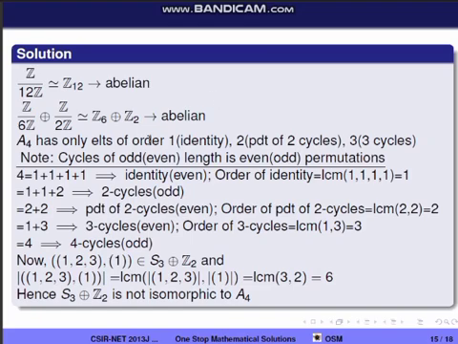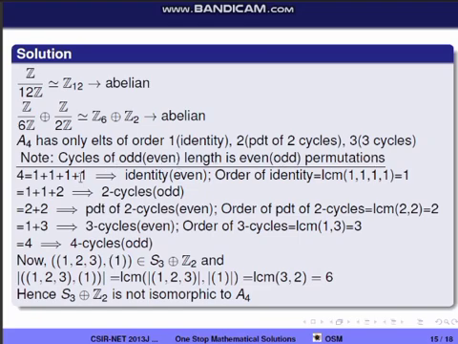Now the third option is about A4. Now A4 has only elements of order 1, that is the identity, order 2, the product of 2 cycles, and order 3, 3-cycles. Note that cycles of odd length are even permutations and cycles of even length are odd permutations.